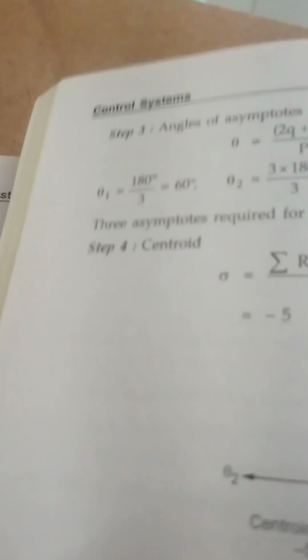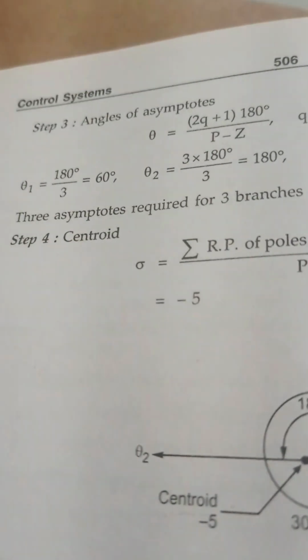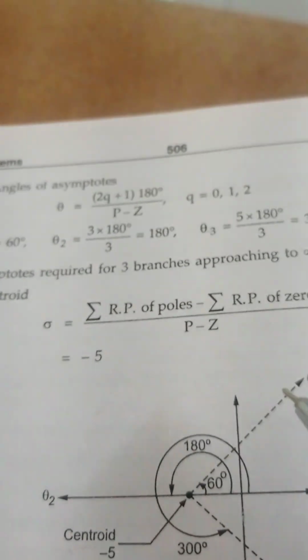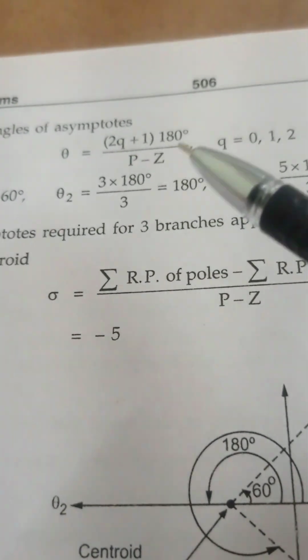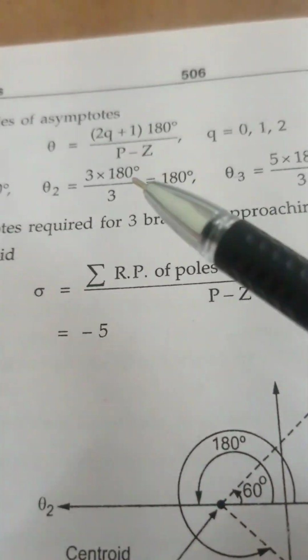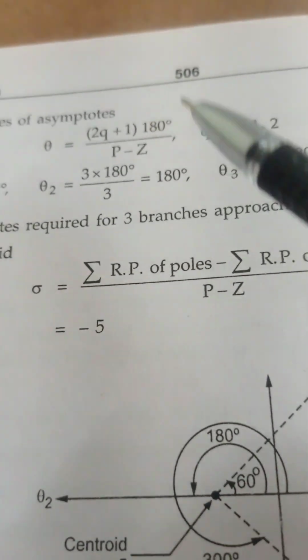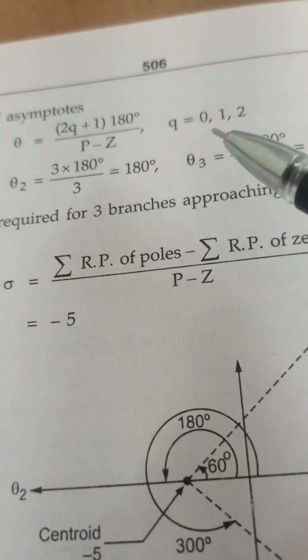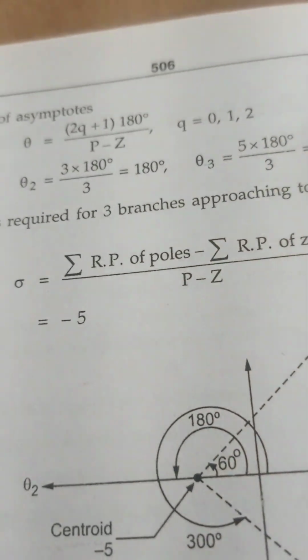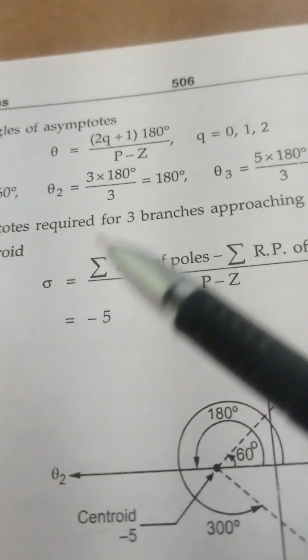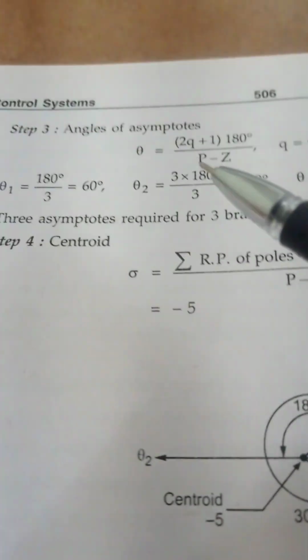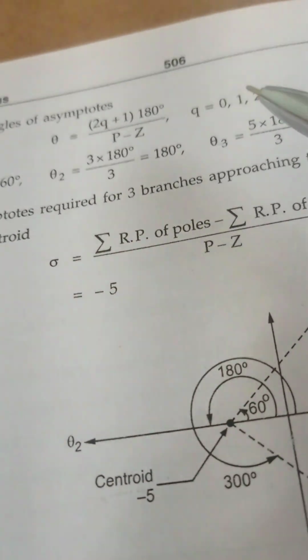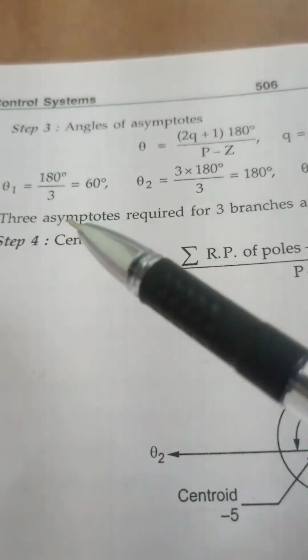Before that, we will calculate the angle of asymptotes. We know the equation: theta equal to (2q plus 1) into 180 degrees divided by (p minus z). The values of q may be 0, 1, 2, 3, 4, all integer values. First we find theta 1 by placing q as 0, then 180 by 3.